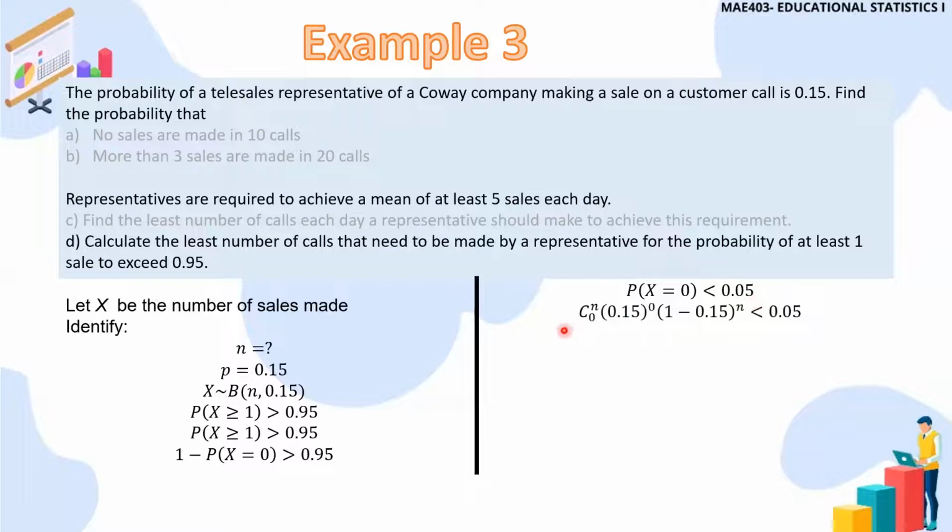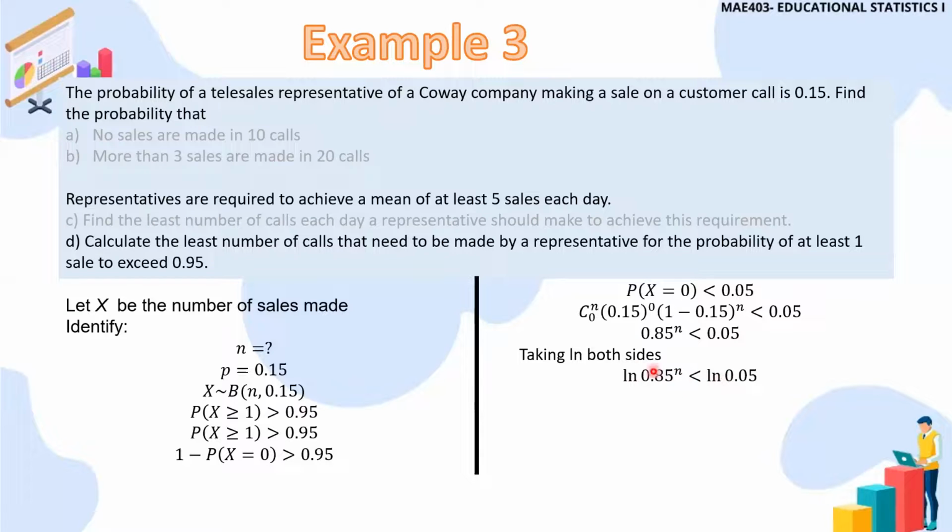So substitute the formula of binomial, nCx 0.15 power of x, 1 minus 0.15 power of n minus x. Then here you will get 0.85 power of n less than 0.05. So by using your mathematical knowledge, taking ln on both sides, you will get ln 0.85 power of n less than ln 0.05.